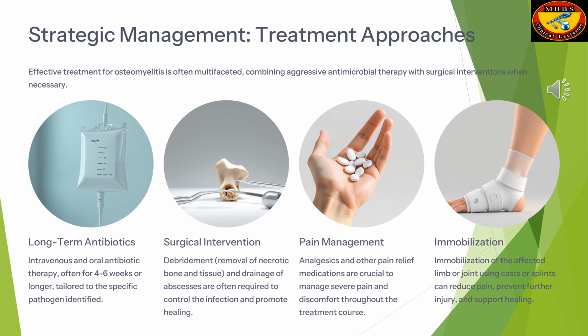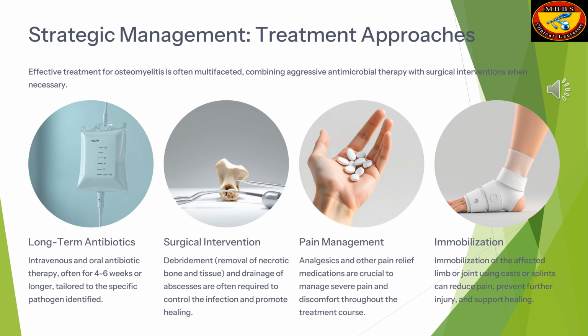Strategic management: treatment approaches. Effective treatment for osteomyelitis is often multifaceted, combining aggressive antimicrobial therapy with surgical interventions when necessary. Long-term antibiotics: intravenous and oral antibiotic therapy, often for 4 to 6 weeks or longer, tailored to the specific pathogen identified.